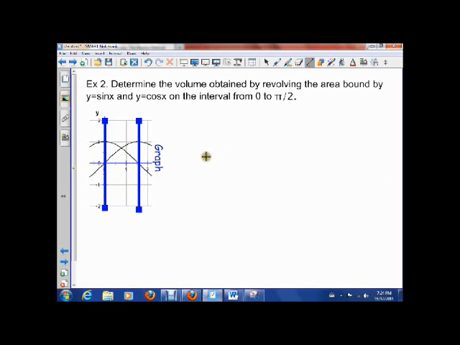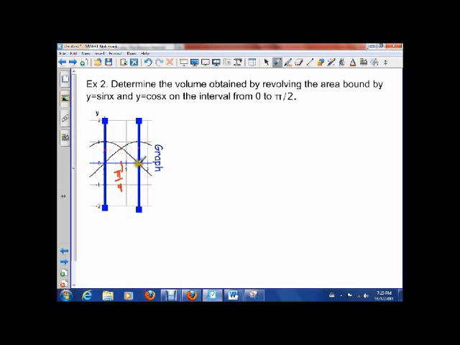Now notice that just like before, the top and the bottom functions change. So what we're going to do is we're going to have to separate the two integrals, right? So we're actually going to have to do an integral from here to here, and then from here to here. Okay, so here you can see that the top function, and you know that that intersection is, I'm not going to solve it for you, but it's pi by 4.